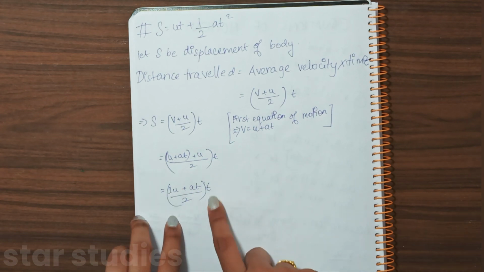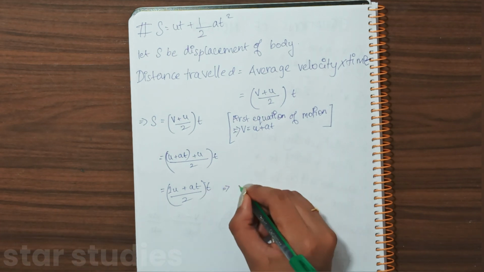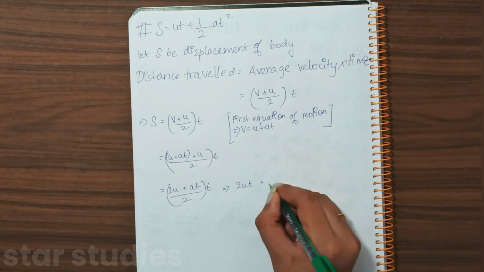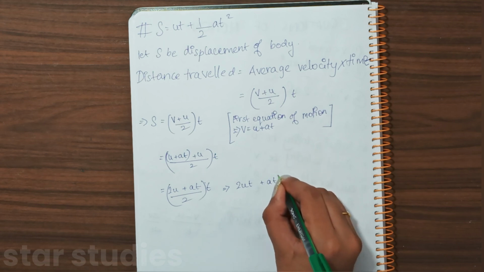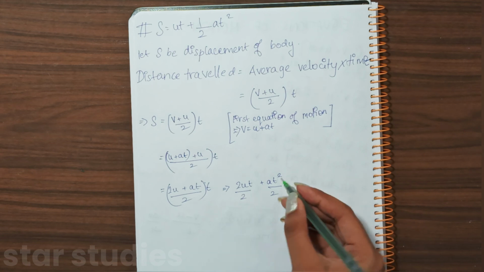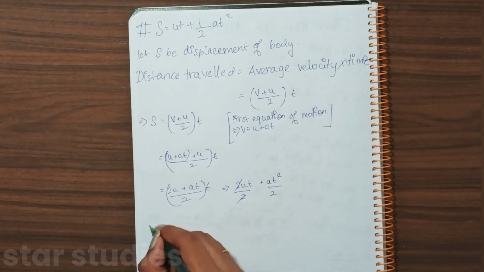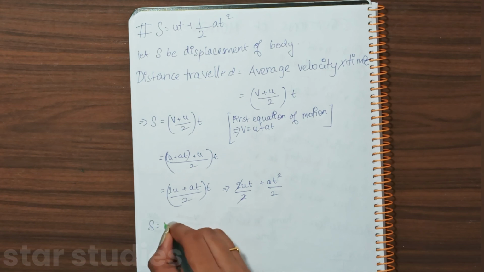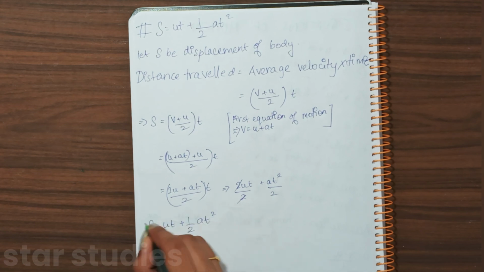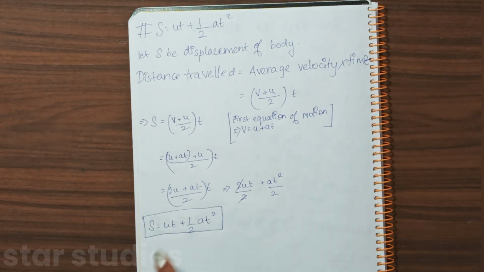Both these terms are multiplied by t, so we will simplify the equation further. The 2 and 2 get cancelled, and the final equation is ut plus half at squared. We have also derived the second equation of motion.